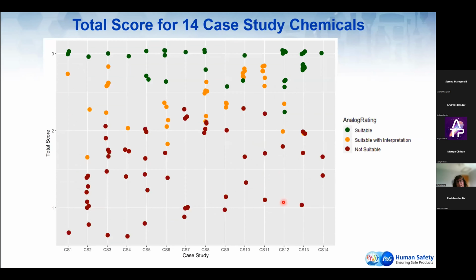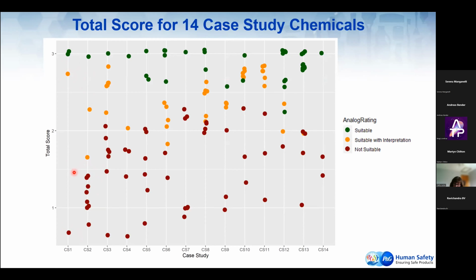So what we did is we applied this to all 14 of the case studies that were published back in 2011. And found that indeed, for each case study, we see that for not suitable analogs, the total score is a lot lower than those considered suitable with interpretation, or suitable, well, not a lot lower for most case studies.